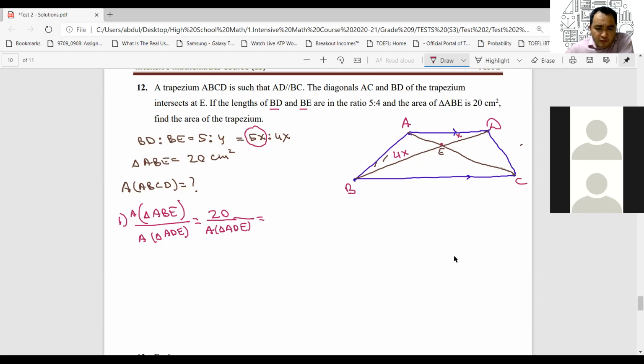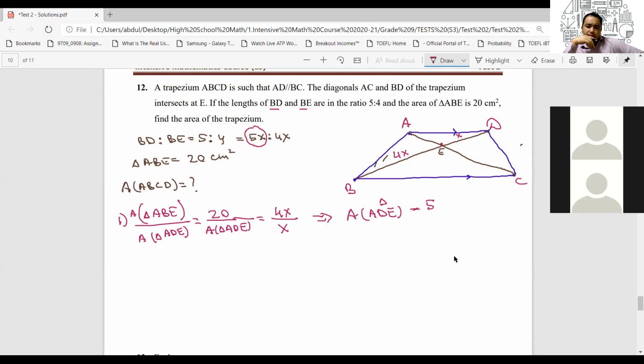From the formula we have just written, that should be equal to the ratio of BE to ED, right? BE is 4x, and ED is x. Now if you solve for the area of ADE, it is 20 over 4, which should be equal to 5.